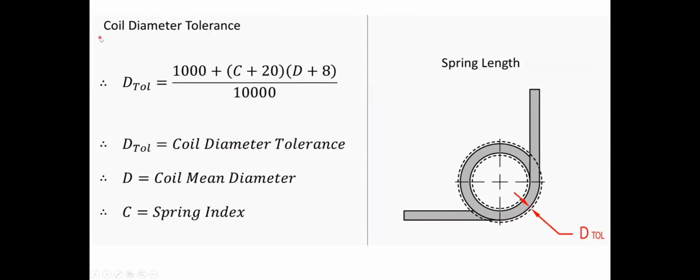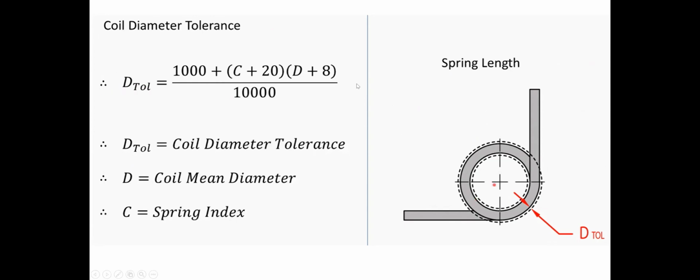Okay, and the coil diameter tolerance. Tolerance is defined as the dimension that is acceptable for some differences. So DTOL represents the tolerance.